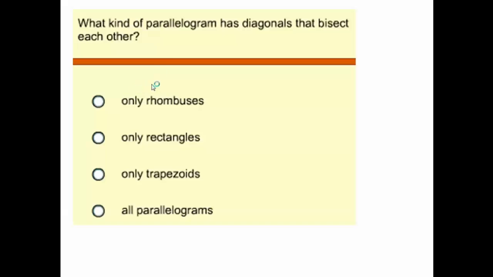Okay, this says, what kind of parallelogram has diagonals that bisect each other? Well, if we look at the properties of a parallelogram, the diagonals bisect each other. So we can say all parallelograms.